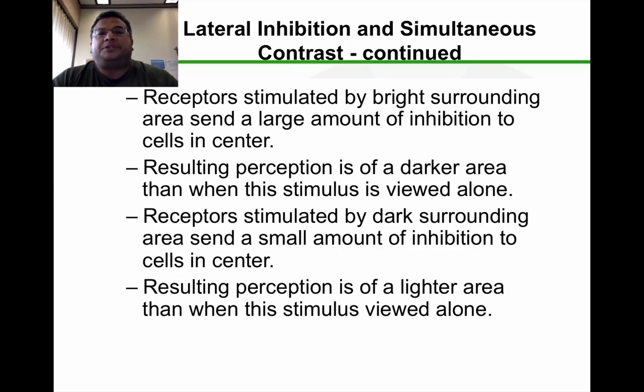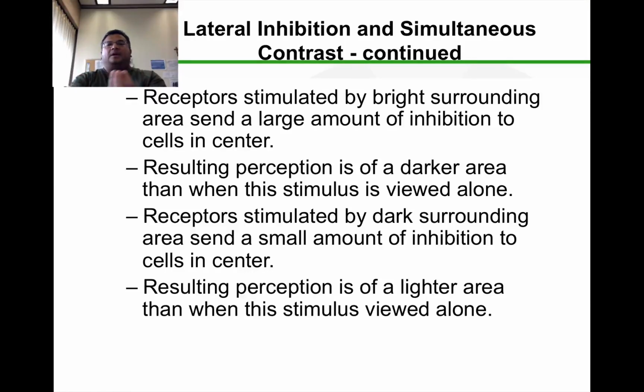The receptors that are stimulated by bright surrounding areas send a large amount of inhibition to cells in the center. So if there's a receptor sitting there and a lot of light is hitting that little receptor, it's going to be sending a big signal out because it's being stimulated, but it's also going to be sending out a lot of inhibition to all of its neighbors.